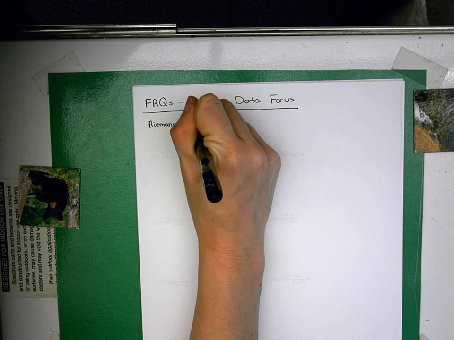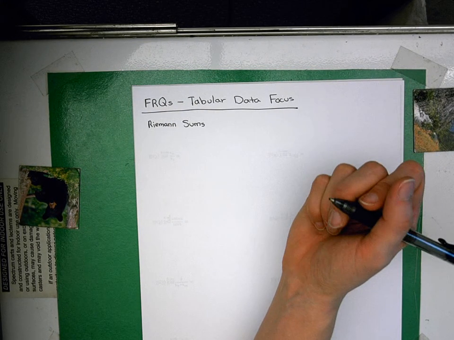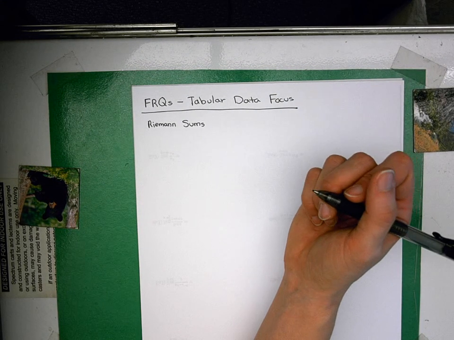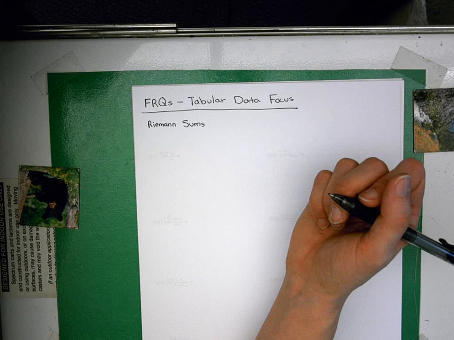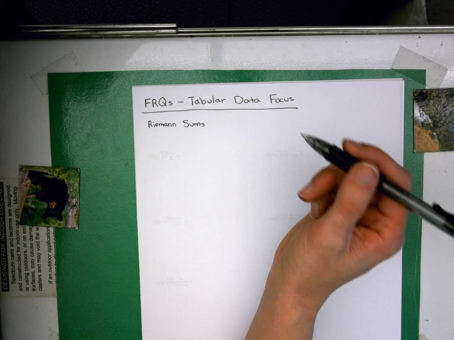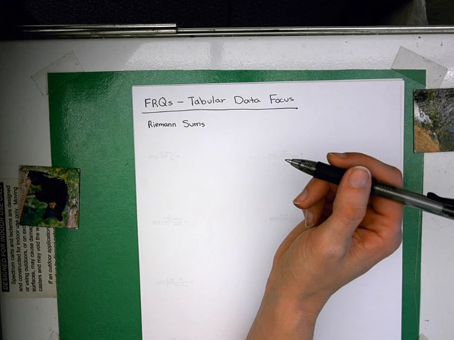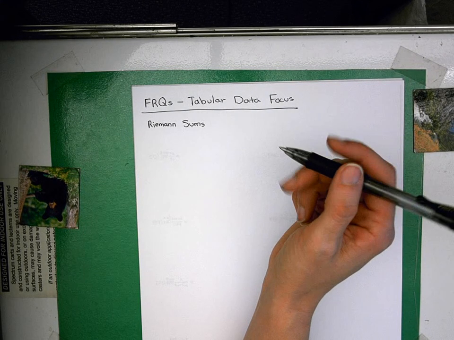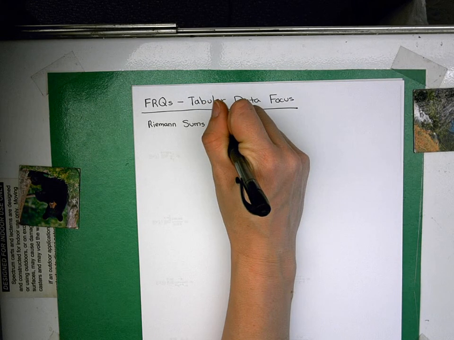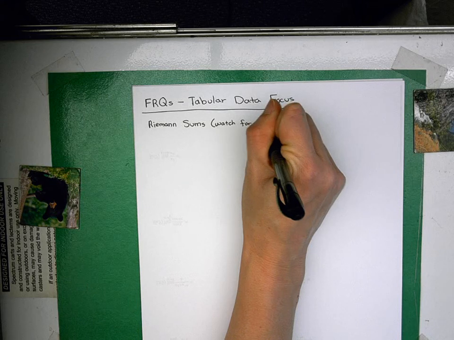Okay, so when it comes to tabular data FRQs, a lot of times when students see one of these on their AP test, they will look through the parts, part A, B, C, or D, specifically looking for something about a left-hand Riemann sum, a right-hand, a midpoint, or a trapezoidal, and they'll walk through those ideas. You'll want to be careful with Riemann sums that you always watch for what I call modifiers.